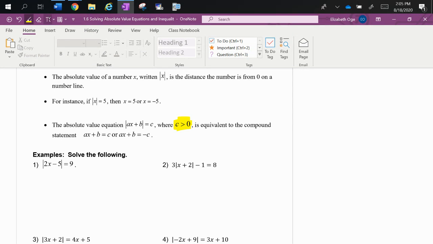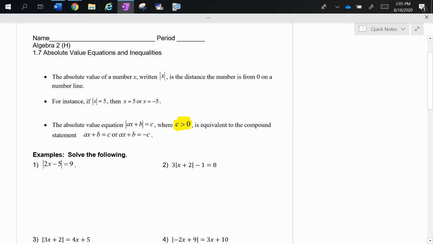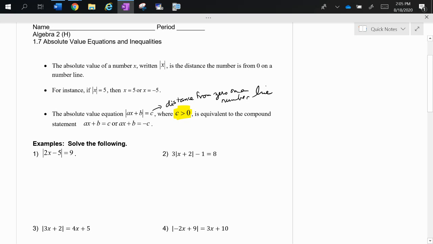And the reason why is because c represents distance from 0 on a number line. So the absolute value of ax plus b is equal to c is equivalent to either ax plus b is equal to c or ax plus b is equal to negative c.